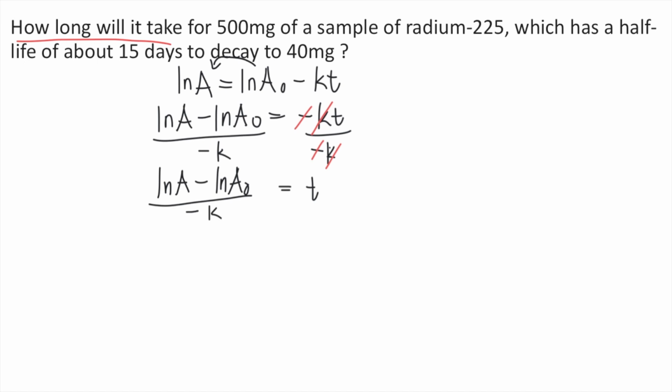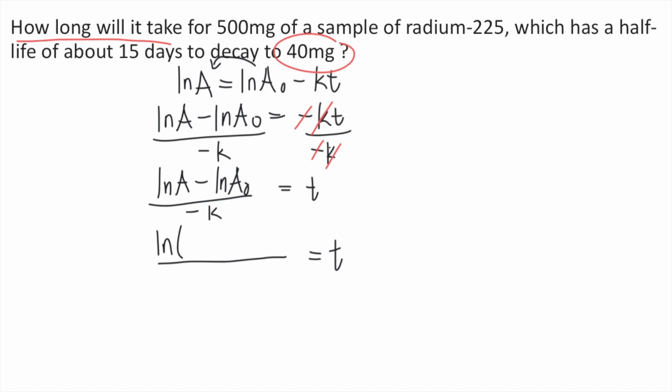Now, since we have the formula for time, we can now substitute the values. So let's start with the numerator. So we have ln of A. So I said a while ago, A is the final amount or the remaining amount. In this problem, we're given 40 milligrams as our final amount.